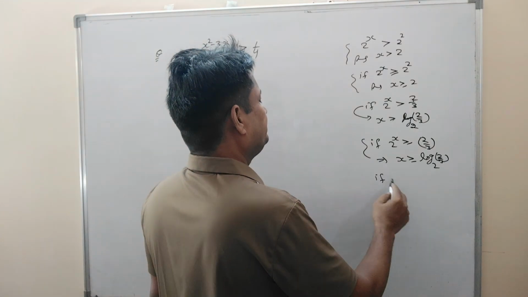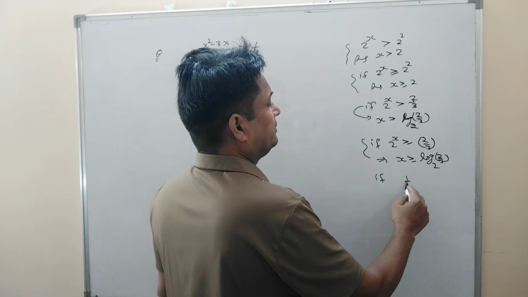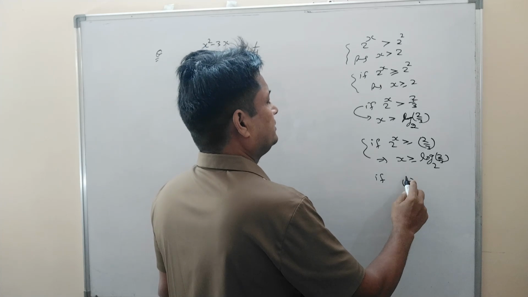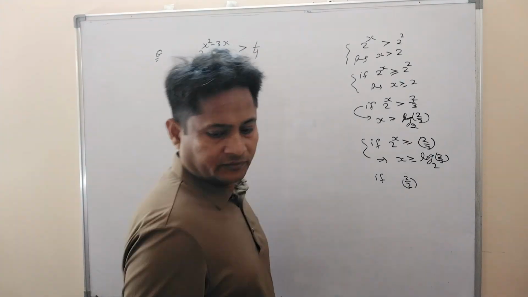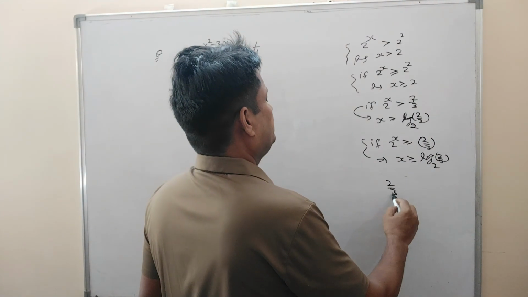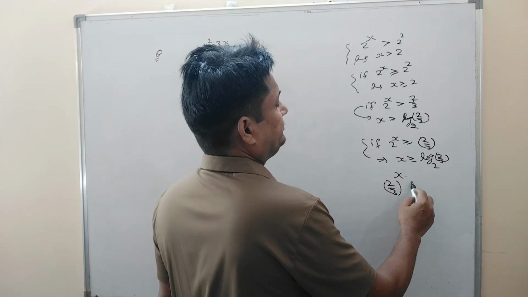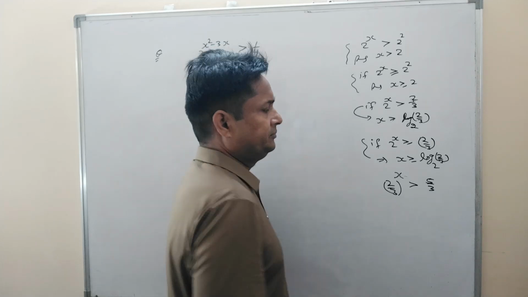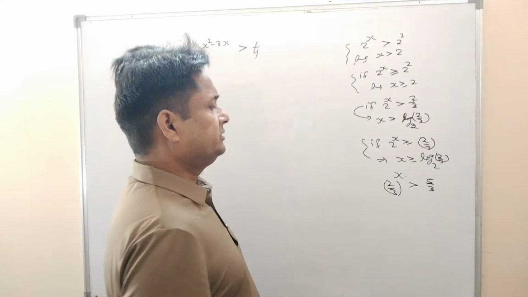Now, if this type of inequality is given, let's say (2 by 3) to the power x is greater than, let's say, 5 by 3, then what will be the answer in this case?